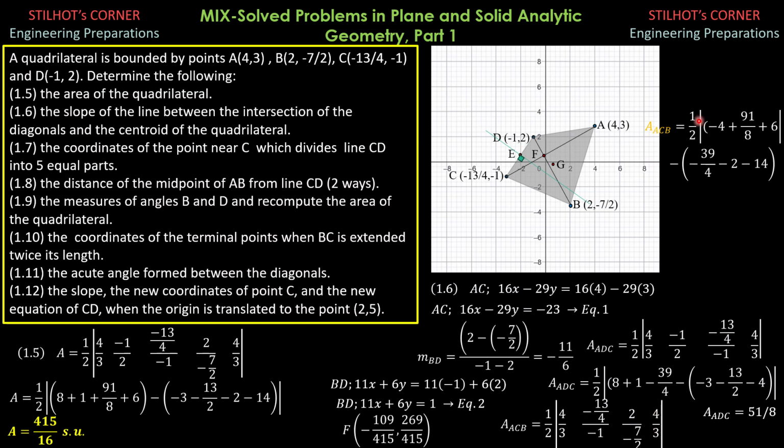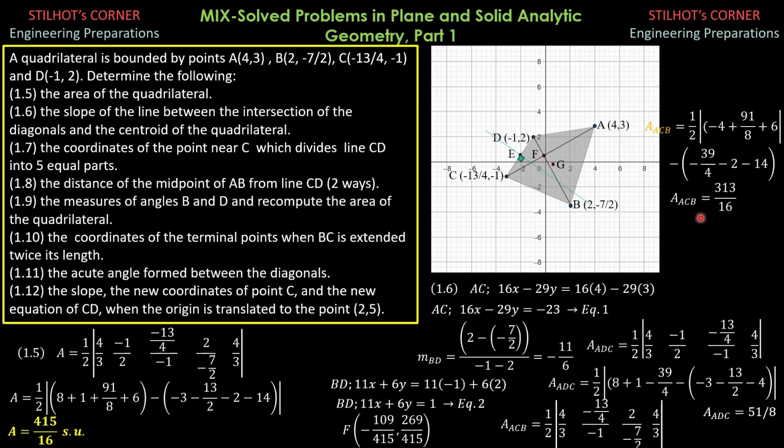So simplifying, area of ACB is equal to 313 over 16. To check, 51 over 8 plus 313 over 16 should be the area of the quadrilateral, 415 over 16.